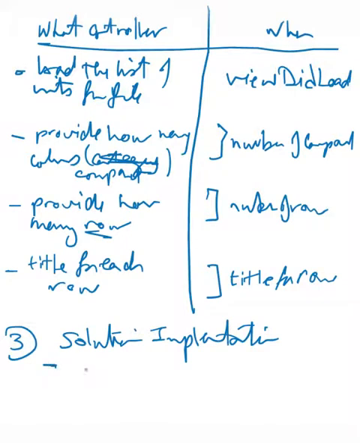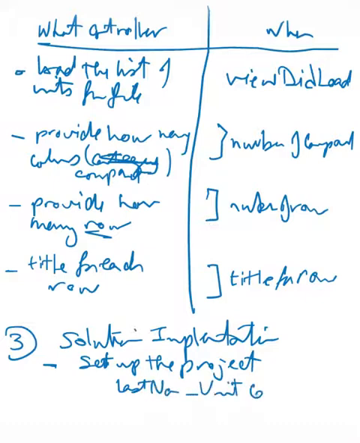We'll start with number 1, which is to set up the project. And we're going to call the project with your last name underscore unit converter. And we're going to start with the single view template.